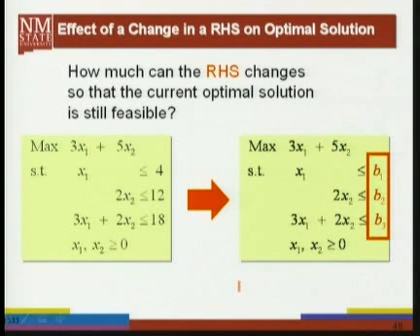Okay? Here, let's say B1 is the number of available production time for plant number 1. Then currently the B1 value is 4, right? And now we will see for what value of B1 the current basis remains feasible.